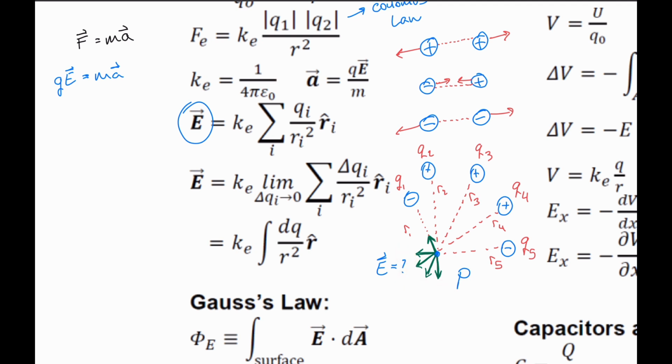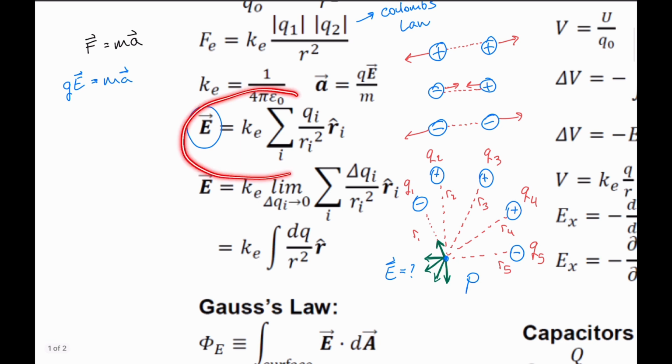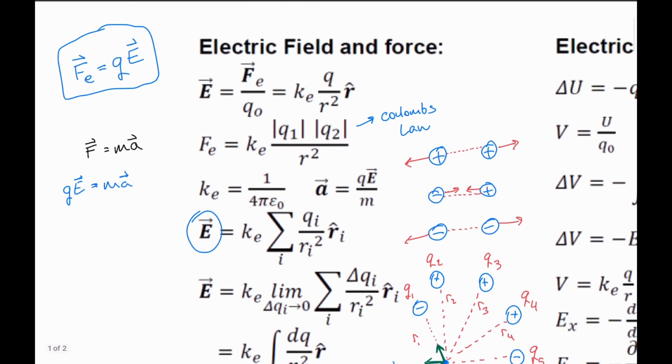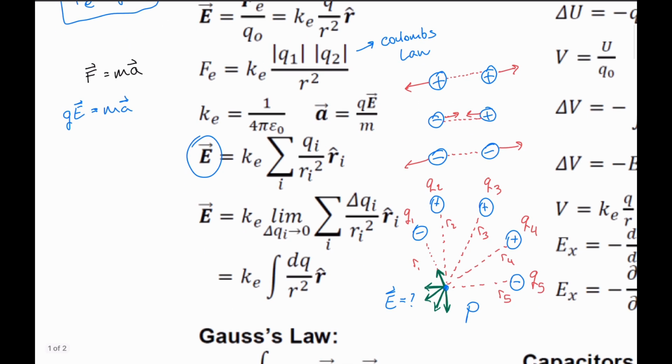And you can break apart each of these and you can calculate the magnitude of the vector using this original equation. And what this equation is telling you is, hey, just do the thing that you did over here with Ke, Q, and R squared, except replace the Q's because they're different. Here is Q1, it's negative, so you put a negative there.